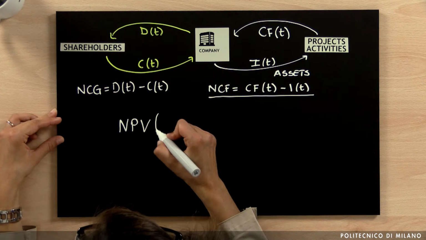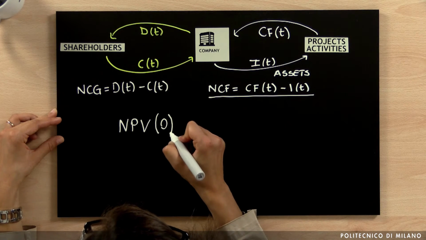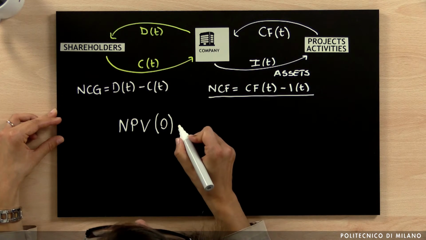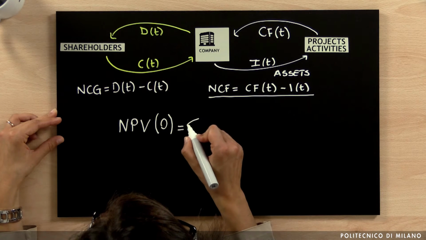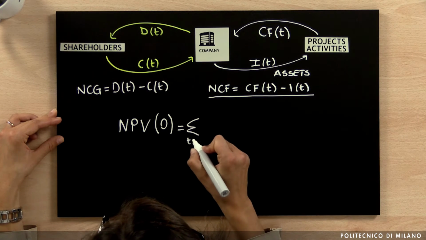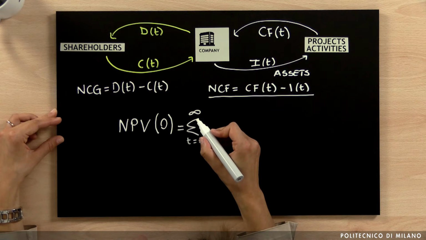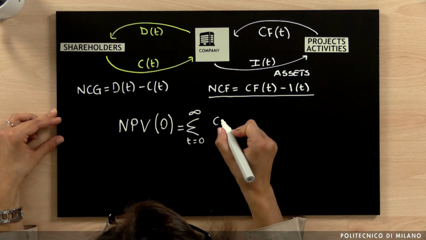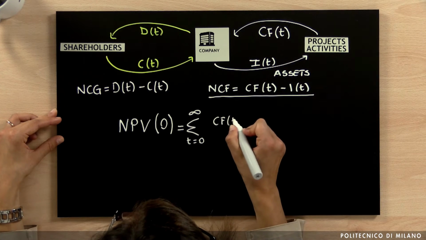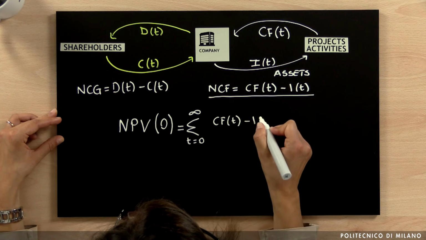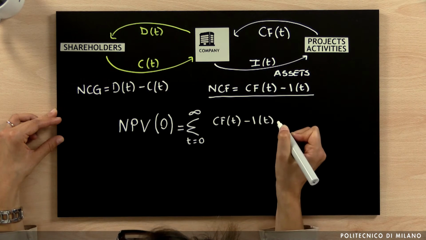The NPV is measured at a certain moment of time, which is today, which is 0, and the net present value equals the sum from t equals 0 till infinite, because we are assuming an infinite life of our company, of the cash flow at time t minus the investment at time t.